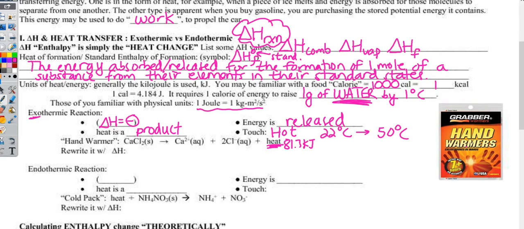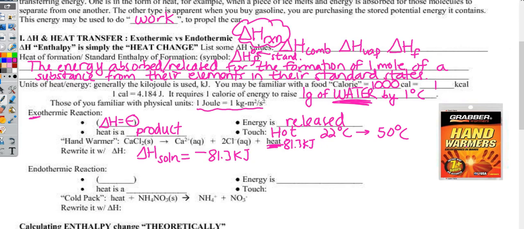Now, the way that we would actually write this, if we wanted to write it outside of the equation, is we would simply say the delta H, and usually what they do is they write of solution, because instead of it being solid, now it's in a solution, is equal to a negative 81.3 kilojoules. Okay, so that's a different way to write it.